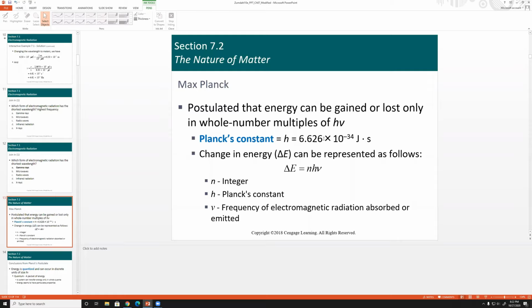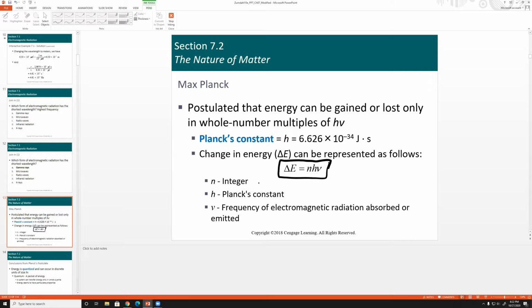For now, not much more explanation on that. It's used to represent heat or energy of a photon. And that goes into the equation of the energy of the photon, which is pretty simple. Delta E equals N times Planck's constant times the frequency.